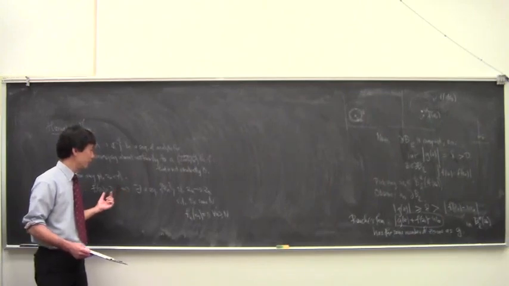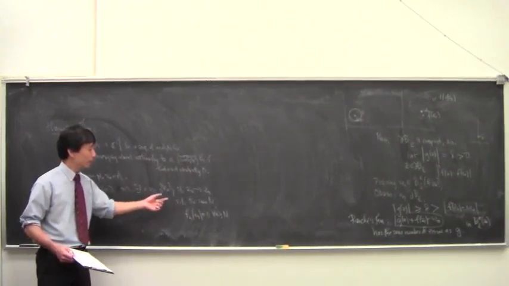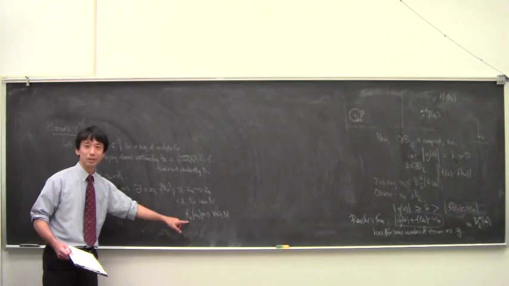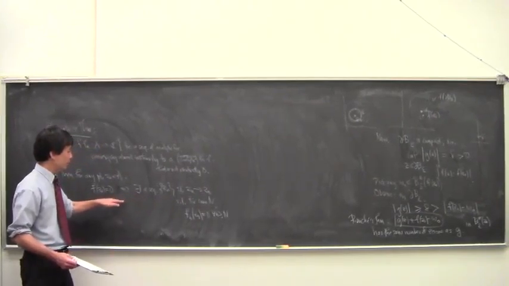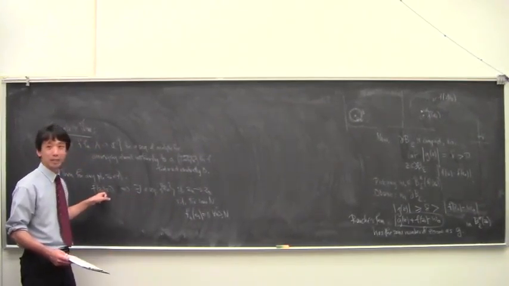Every 0 is a limit of zeros of the f sub n's. That's the only way you can get a 0. If you have zeros for the f sub n's, and they start going somewhere, and they bunch up, and they turn into the 0.